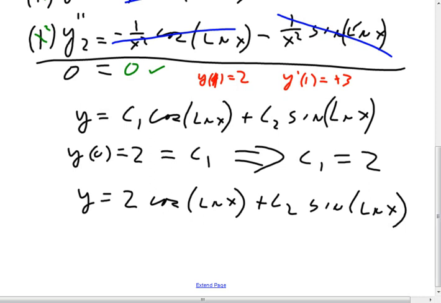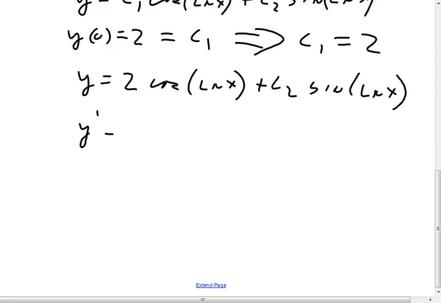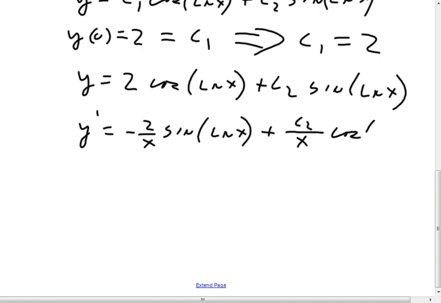And I'm going to take the first derivative of that, y prime, and I'm going to get minus 2 over x sine natural log x plus C2 over x cosine natural log x. And y prime at 1 is supposed to be minus 3.